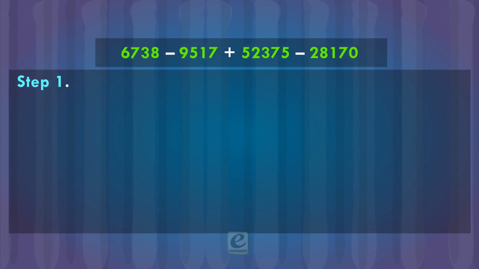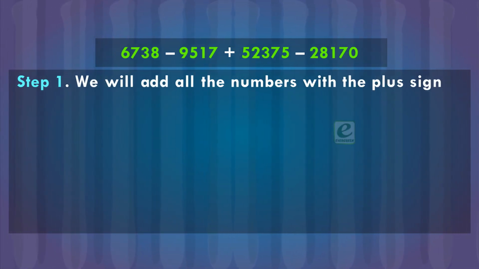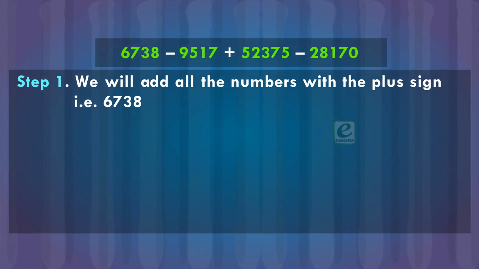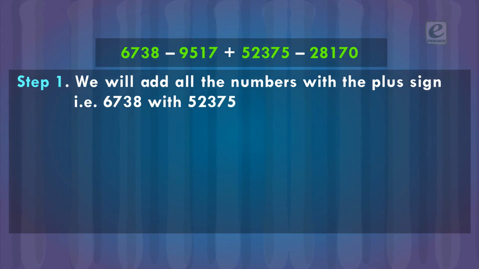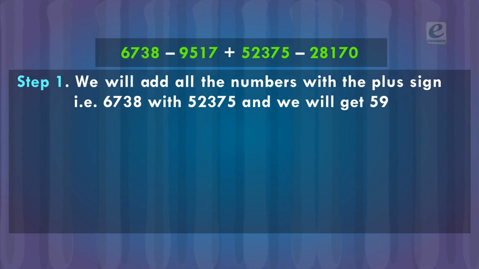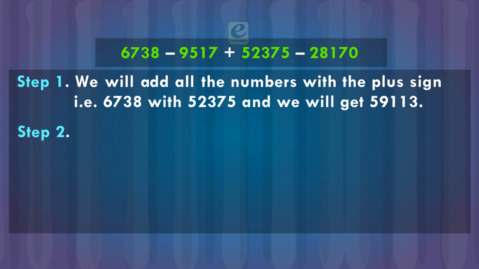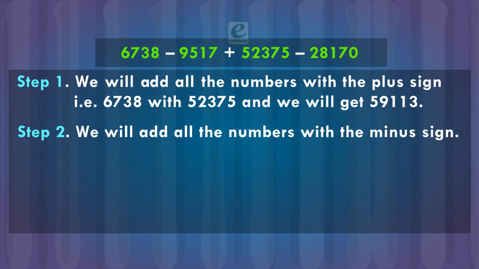In step 1, we will add all the numbers with the plus sign, that is 6,738 with 52,375, and we will get 59,113. In step 2, we will add all the numbers with the minus sign.